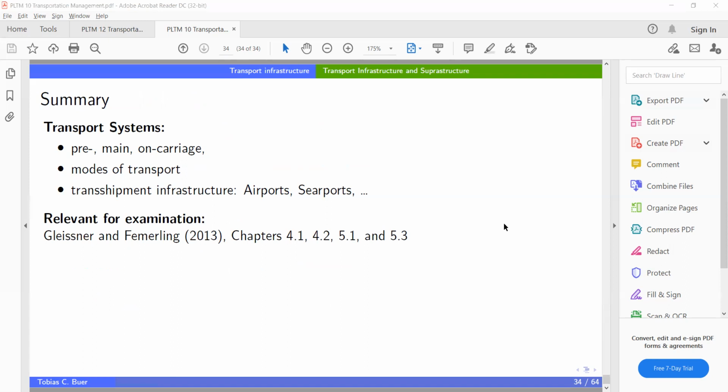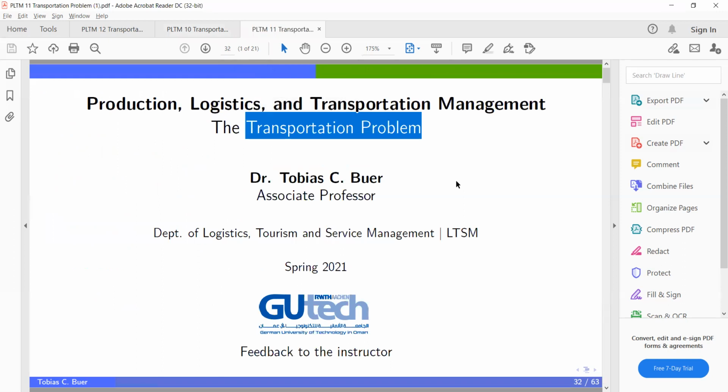It is very important that you recognize that the transportation problem is a mathematical problem. It is not any problem where we need to transport something; this term is reserved for a very specific problem. And the transportation problem always has the form that is described in this set of slides.